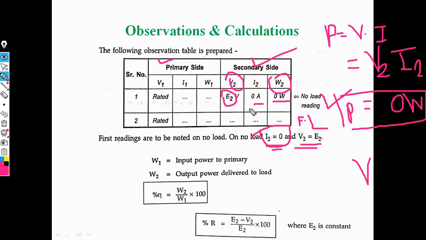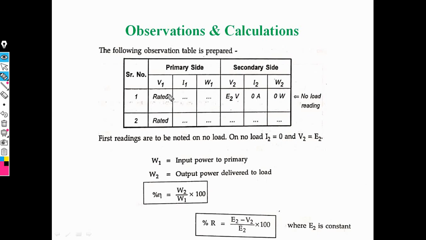Now this is the primary side and secondary side observation table with respect to no load condition. Here the rated voltage V1 is 230 volt. Then current I1 is a constant current of 2.5 or 3 ampere.